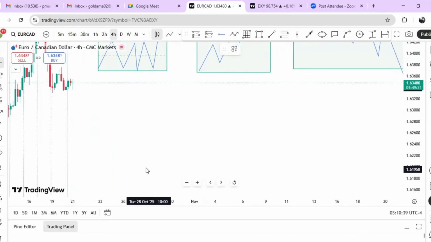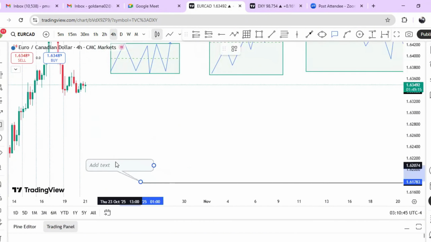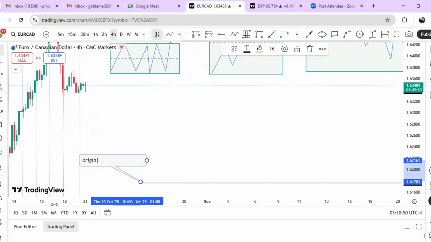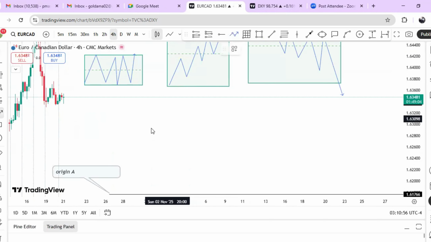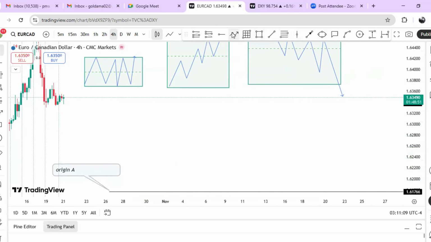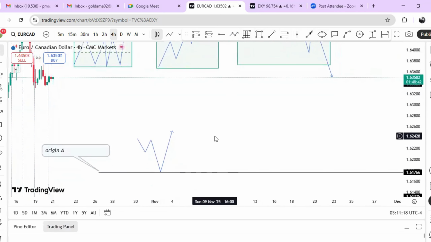Let's say we have the origin here as point A. The market was bearish a little, getting to point A, you saw your reversal candles, and it gave a nice push to the upside.